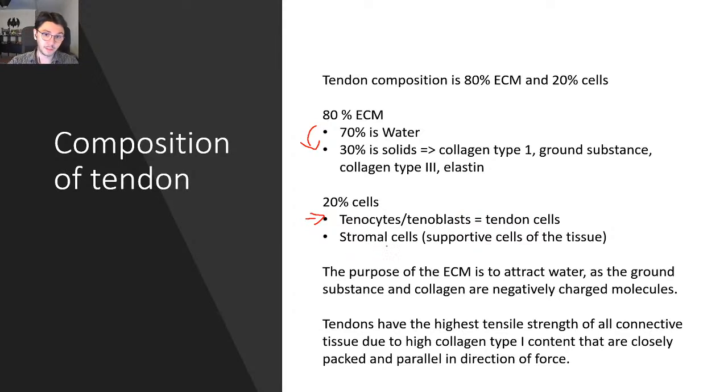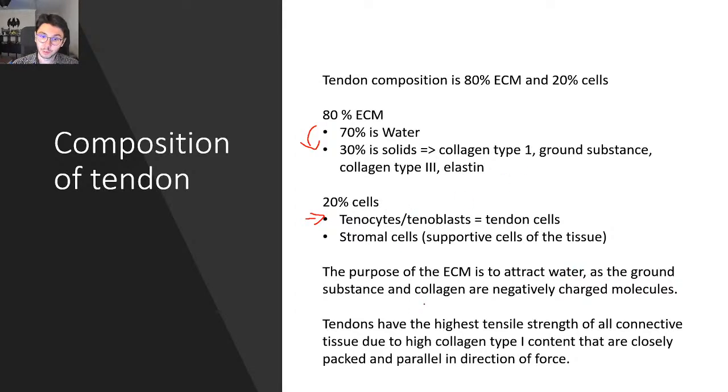We also have stromal cells, which are the supportive cells of the tissue. These cells are super important in regeneration, in secreting factors, and in maintaining the tendon the way it's supposed to be. Now, as I said before, collagen and ground substance are negatively charged molecules, and the purpose of the ECM is to attract water.